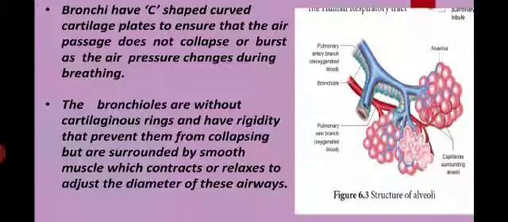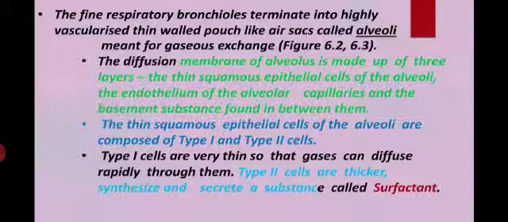What is there? If we look, there are thin squamous epithelium cells. The outer layer is thin squamous epithelial cells of the alveoli, the endothelium of the alveolar capillaries, and another one, the basement membrane, found between them. The thin squamous epithelium cells of the alveoli are composed of type 1 and type 2 cells.